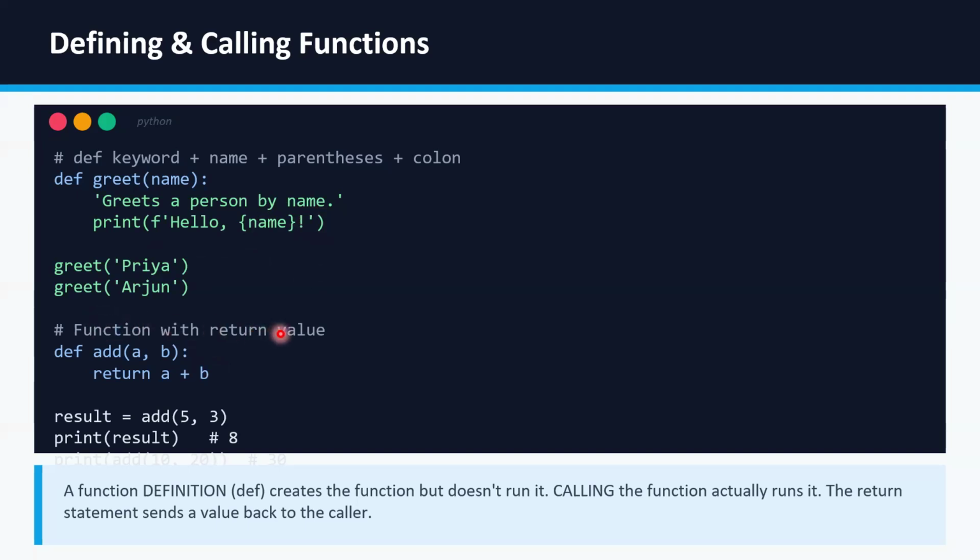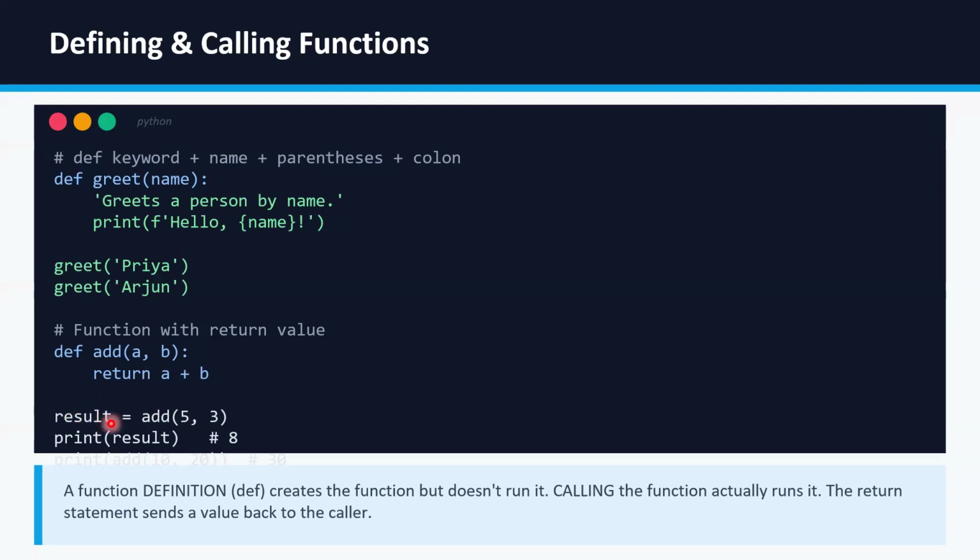Now, a function with return value. Def add a comma b, return a plus b. Result equal to, so here you see the difference. Till now we have just seen calling, like greet of Priya. Here, result equal to add 5 comma 3. Whatever value is returned by this function will be assigned to another variable called result.